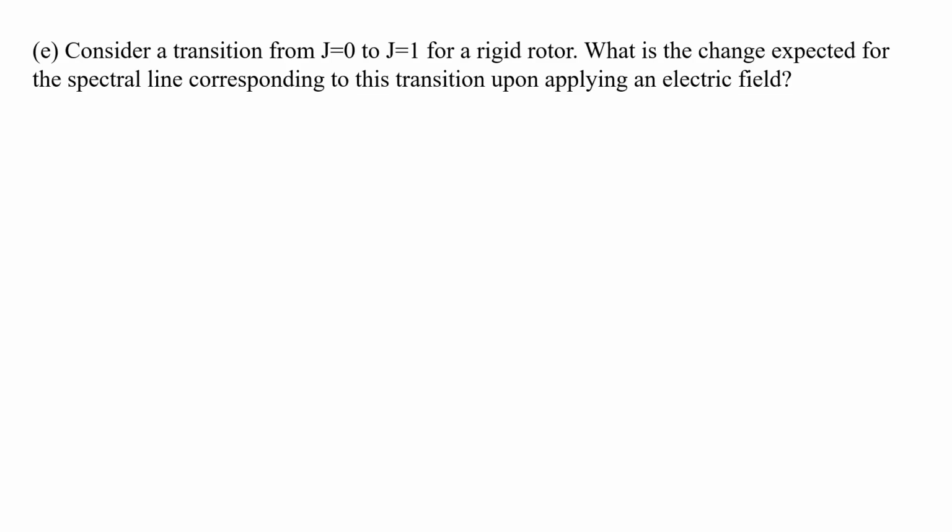First, if you are thinking about the transition from j equals 0 to 1, how many transitions do you expect? One, and that too at only one 2B condition. Yes, 2B.